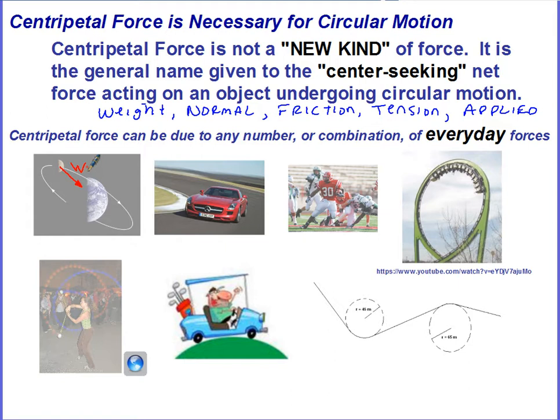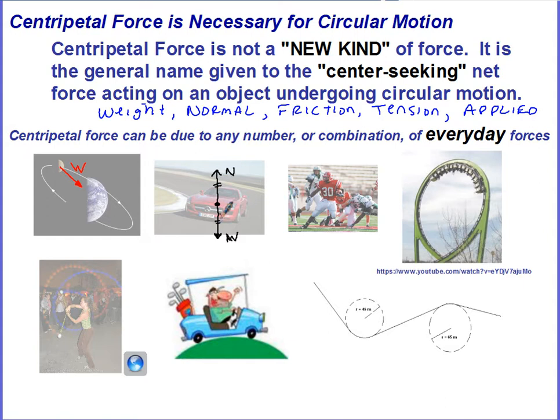Now if I consider a car that's making a turn around a curve there, let's make this a little bit lighter there. The car is traveling sort of outward like this, but is being accelerated inward. If I take a look at an FBD for this, I would see that that's the weight force. I see that's the normal force.